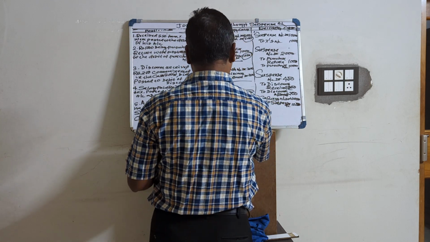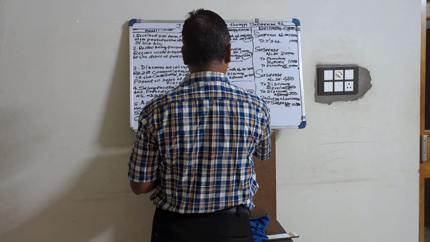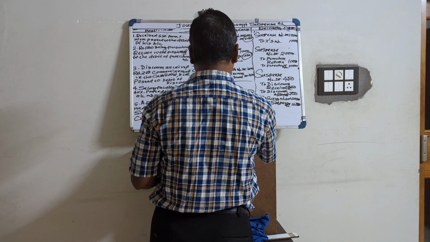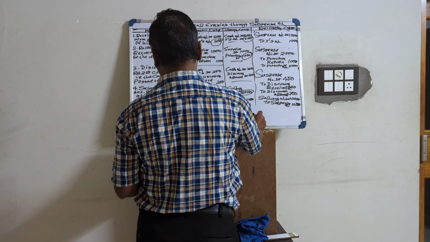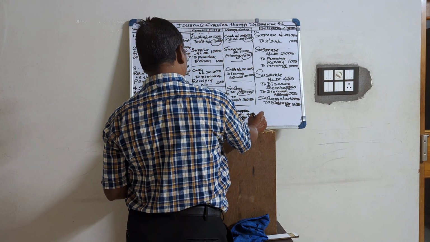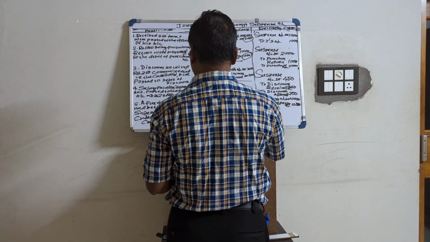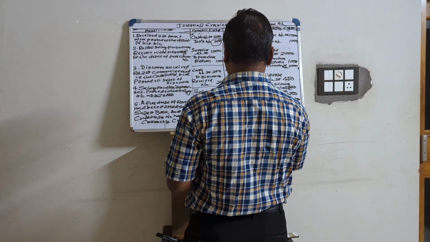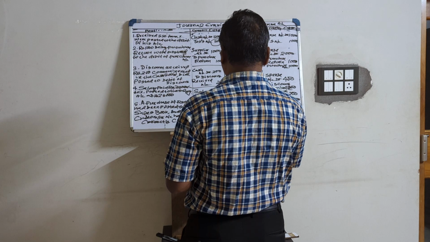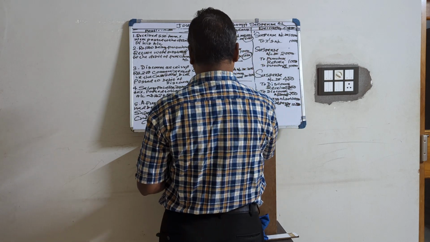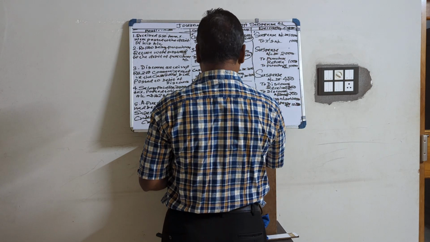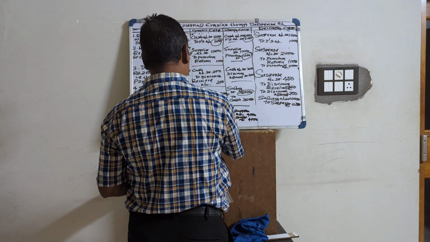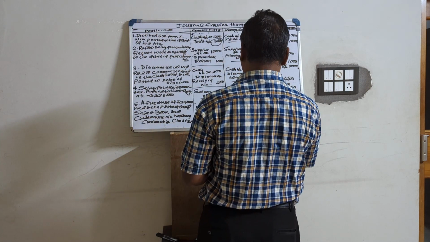Then to sales account, that is 4,000. Instead of debiting purchase, we have wrongly credited sales.